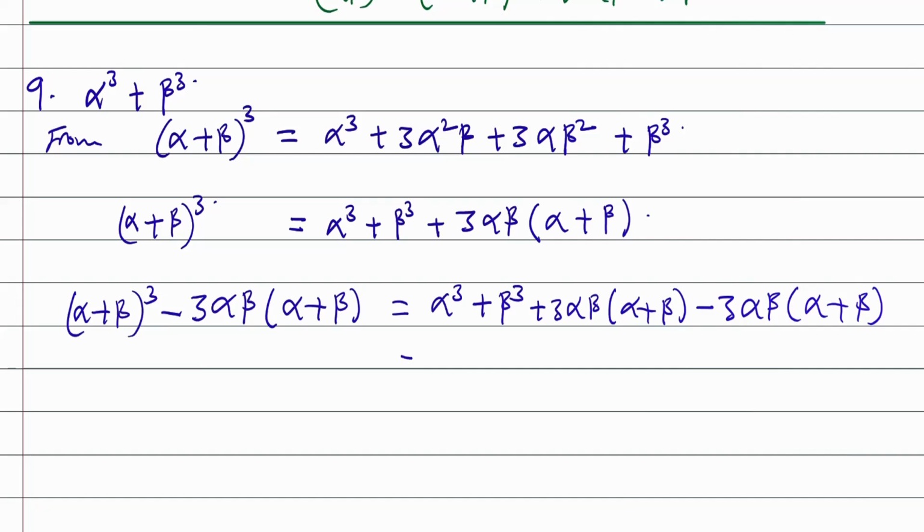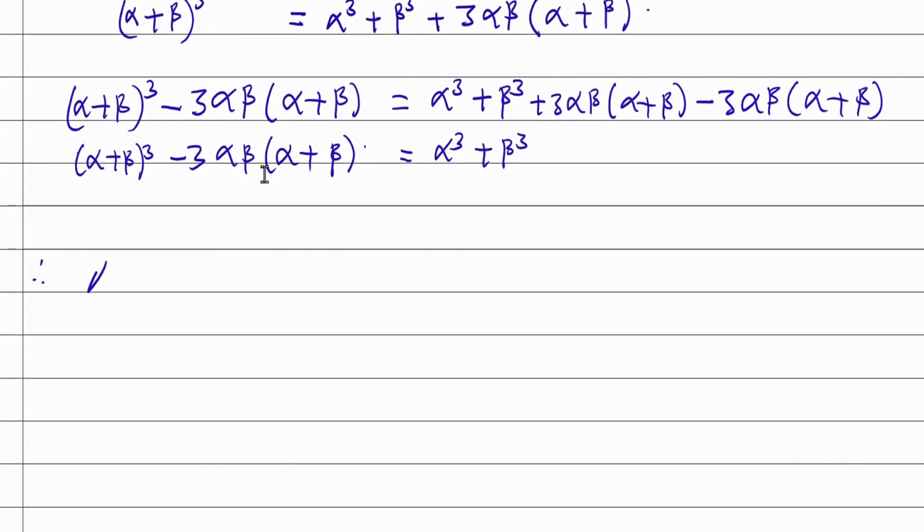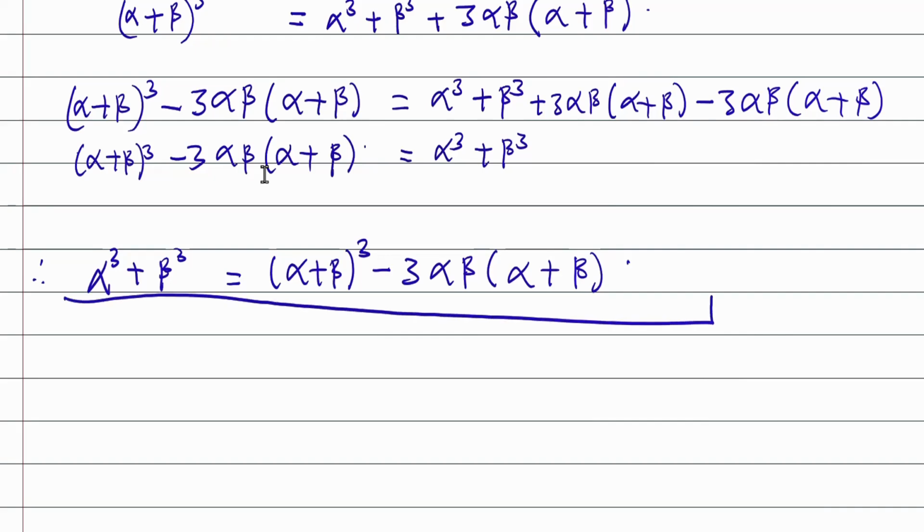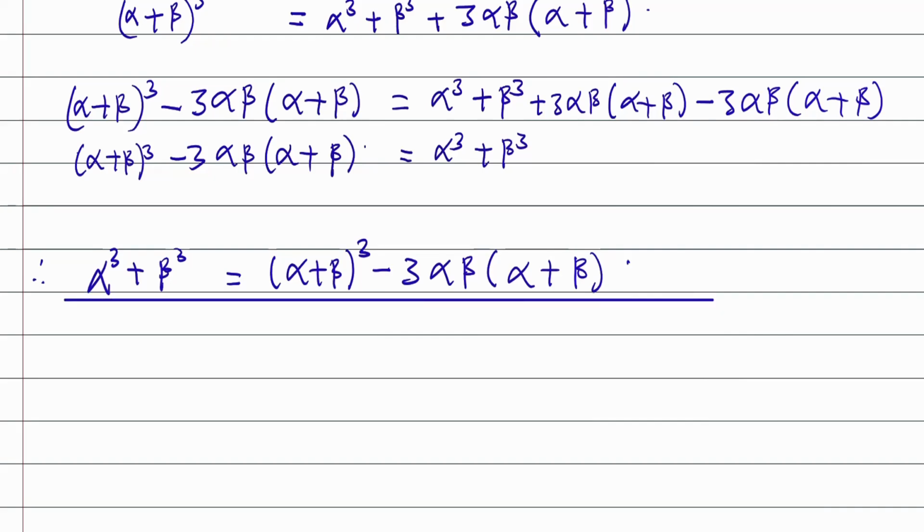These ones cancel and we are going to have alpha cubed plus beta cubed equaling alpha plus beta cubed minus 3 alpha beta into alpha plus beta. So we can now conclude, therefore, alpha cubed plus beta cubed is the same as having alpha plus beta cubed minus 3 alpha beta into alpha plus beta, in terms of the sum and product of roots.